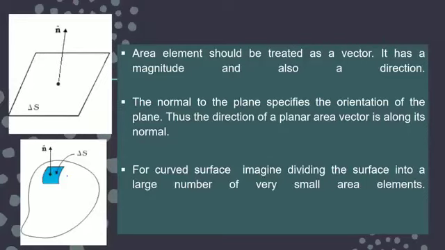It is denoted by n cap, or you may simply denote it by s cap or ds cap for the small area. Cap means we are talking about the unit vector, which gives me the direction of the area vector.